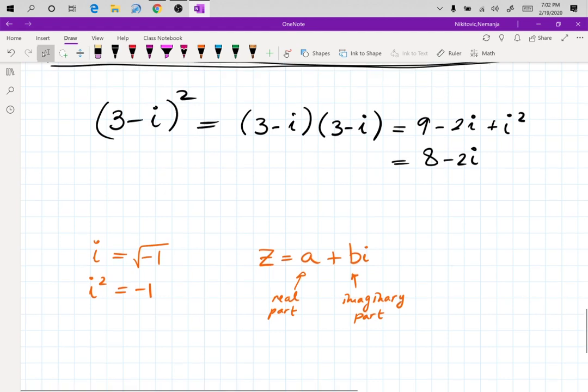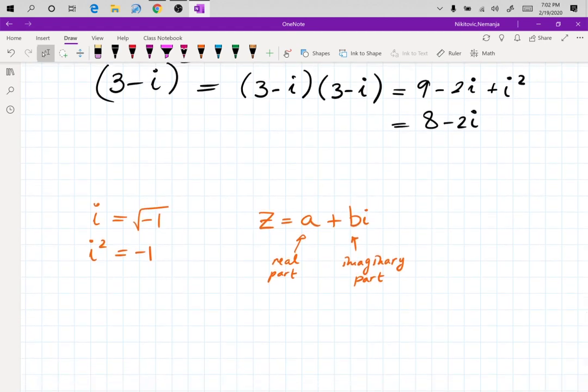And then we have the conjugate for division. Usually we say z bar is going to be a minus bi, which is the conjugate. And that's our life.